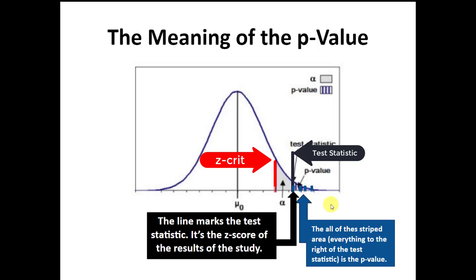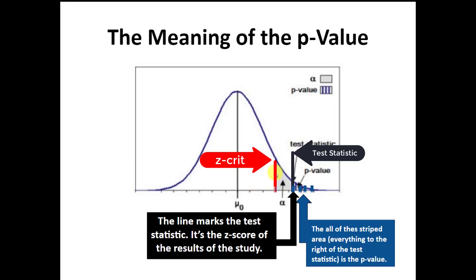If that doesn't happen, if your test statistic surpasses your z-crit, but your p-value is still bigger than your alpha, then something's wrong, because you should always have the same thing. It should always match. Either your test statistic surpasses your z-crit and your p-value is smaller than your alpha, or your test statistic does not surpass your z-crit and your p-value is not smaller than your alpha.